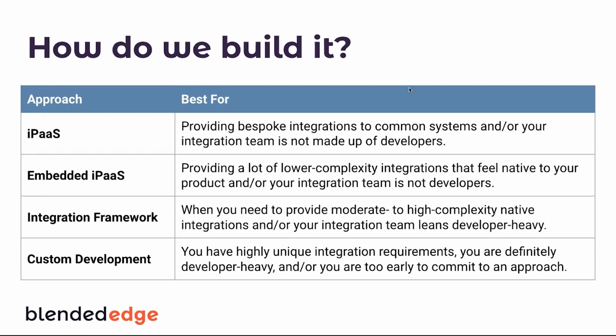Now we're starting to get into more developer use cases than like citizen integrator use cases. Similar type of value that an embedded iPaaS provides, but because it's a framework, it is a lot more fundamentally embeddable into your software product, and you have a lot more opportunities for customization and dealing with complexity. For what it's worth, our product is kind of towing the lines between embedded iPaaS and an integration framework. We're kind of trying to split the difference there and borrow from the benefits of both.